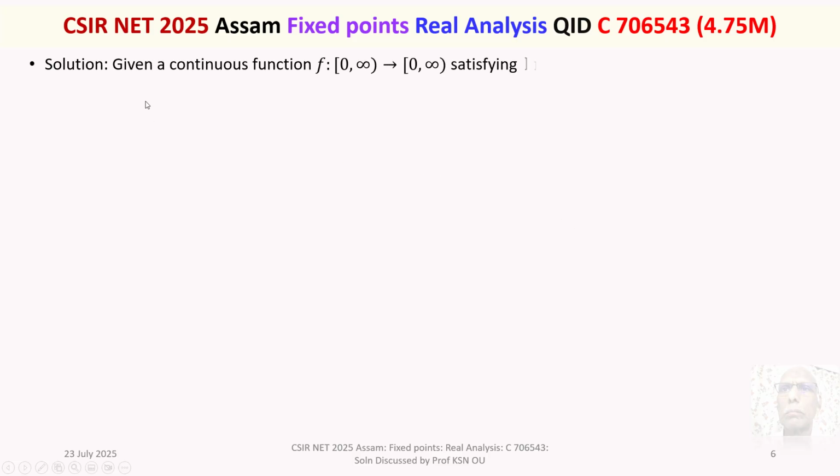Let's now discuss the solution of the problem in detail. We are given a continuous function from the set of non-negative real numbers to itself, satisfying limit as x extends to infinity of f of x by x is equal to alpha less than 1.